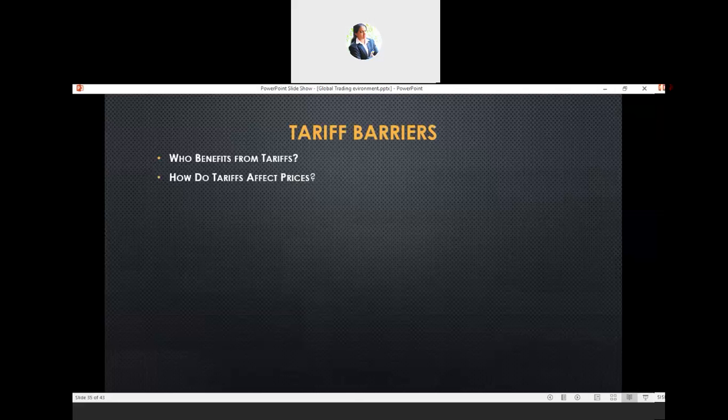Now, there might be one more question asked: how do tariffs affect prices? Yes, we say that when we put taxes, the price of the goods being imported also increases, thereby reducing imports and increasing domestic consumption.